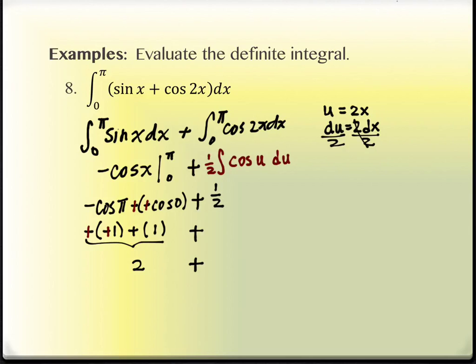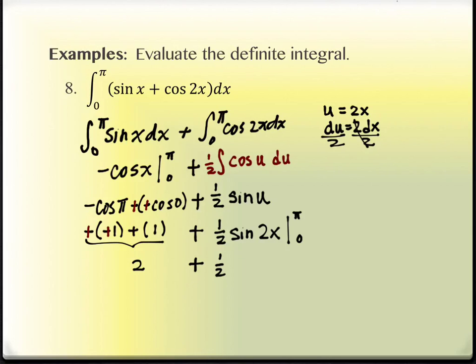So I've got 1/2. What's the antiderivative of cosine of u? Sine of u. But what is u? 2x. So I've got sine of 2x, and at the moment that I put the x's back in, I can put my bar with my limits on x, pi and 0.